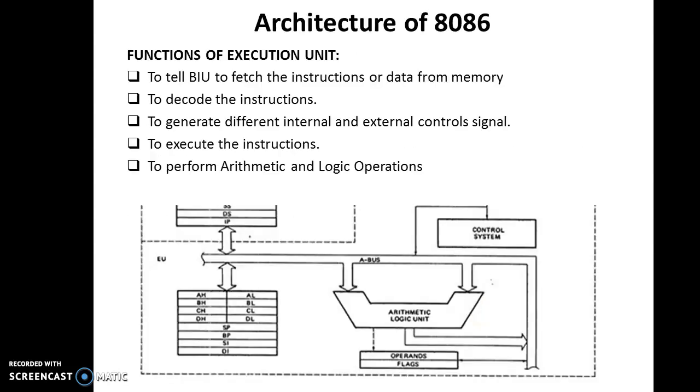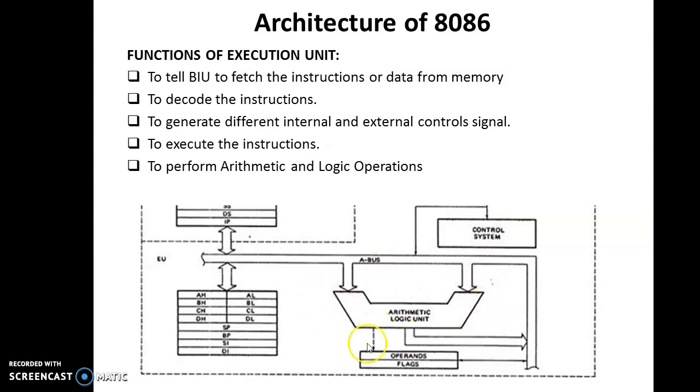Execution unit fetches the instruction from the instruction queue present in the bus interface unit. This instruction is loaded in the execution unit, which decodes the instruction. Then the control system generates control signals which are given to all the blocks of the execution unit. Then this instruction is executed.